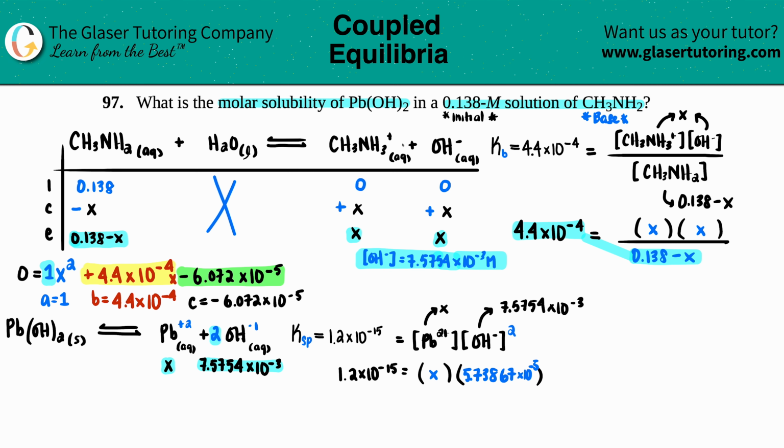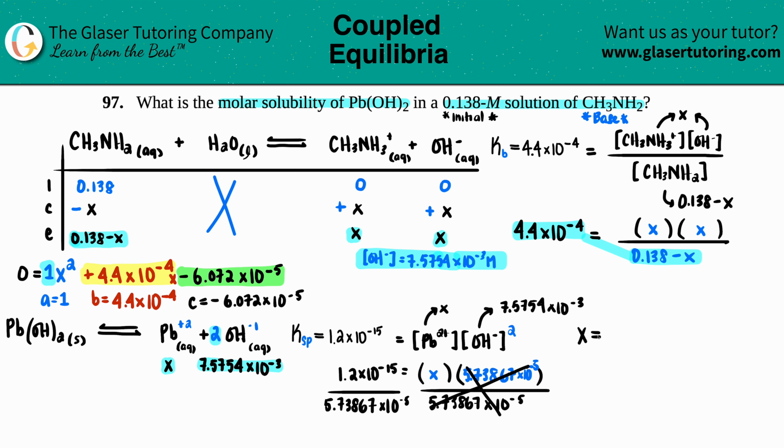So if we just want to get X by itself, all we got to do is just divide by that number on both sides, right? I'm going to divide by 5.73867 times 10 to the negative 5th. That's going to cancel out, and you're just left with X.